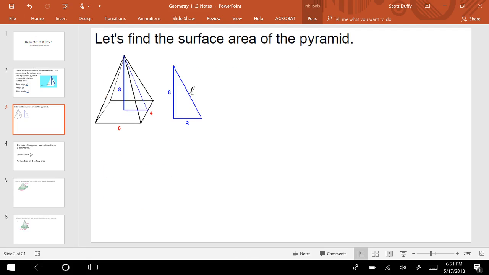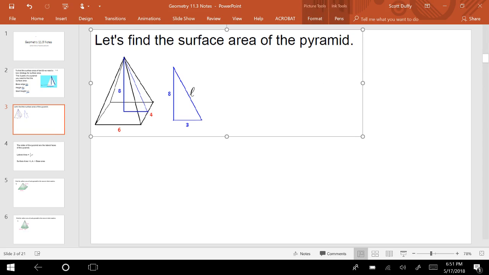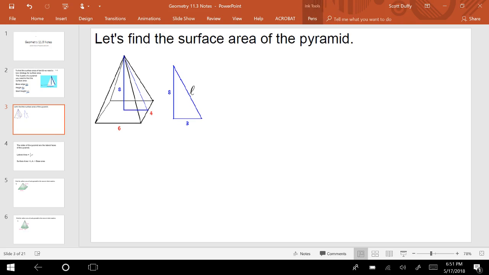Let's say that we want to find the surface area of this pyramid. If I were to draw the net for this pyramid, and you can go ahead and grab your nets to make sure you know what this looks like, we keep the base where it was, a rectangle that is 6 by 4.